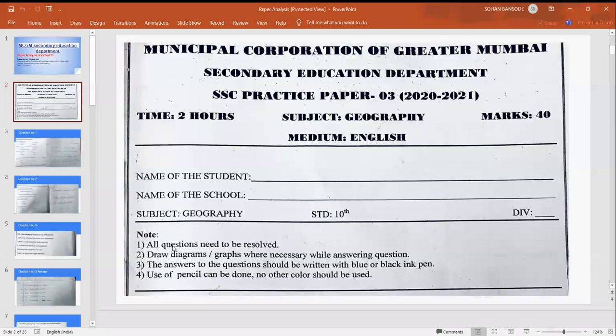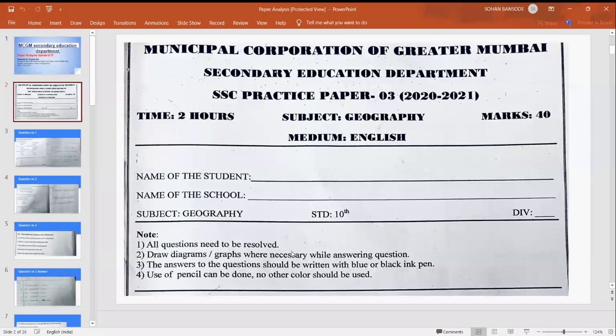Then the second instruction is to draw diagrams or graphs where necessary while answering. It is up to you wherever you want to use diagrams and graphs to enhance and explain your answer. Third, the answers to the questions should be written with a blue or black ink pen. So blue and black ink, these are the only two colors allowed for paper writing.